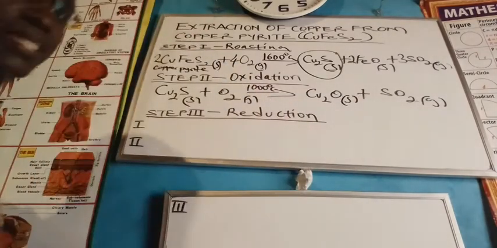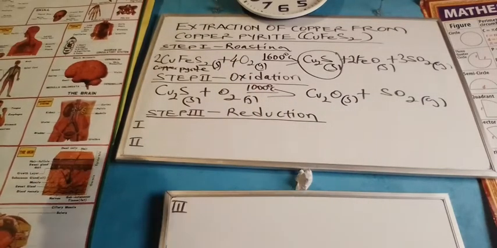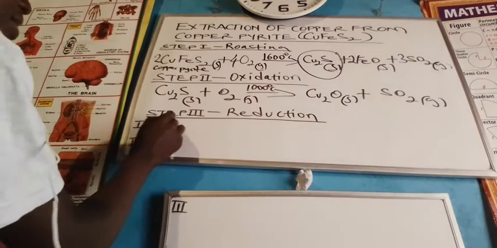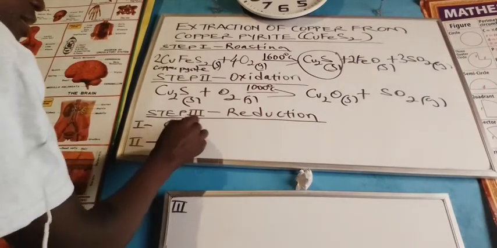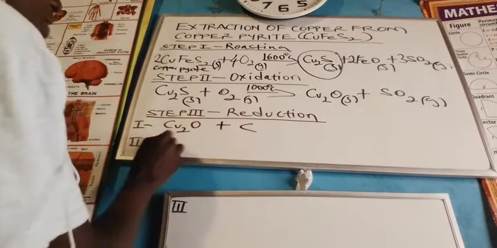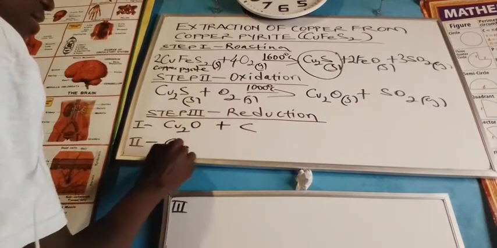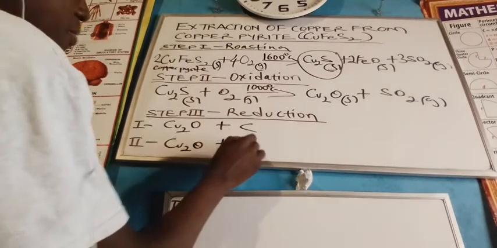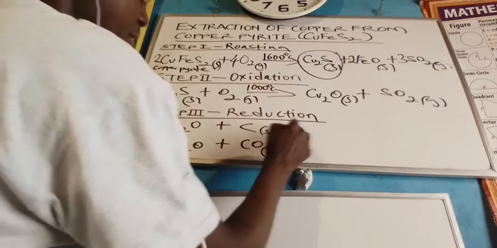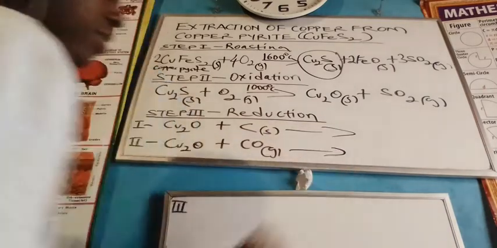Now, once copper 1 oxide is formed, it proceeds to the next level where it's reduced readily by either solid carbon or by gaseous carbon monoxide. Both are reducing agents. The only difference is the temperature at which they occur.